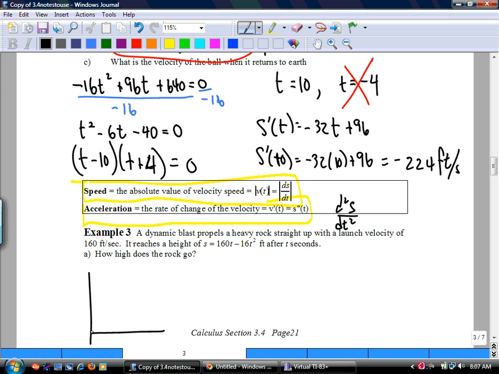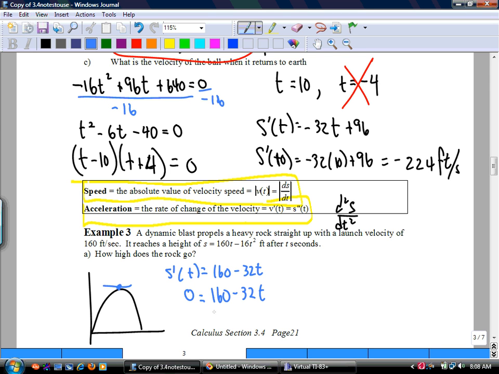So, here's the picture. I want to find this point. Tell me about the slope right there. How do we find slope? Derivative. Slope there is 0.